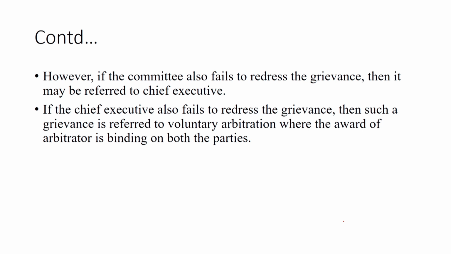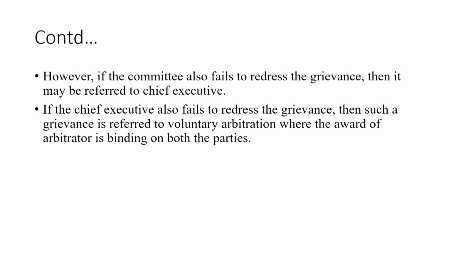As I told you, if a person moves to the immediate supervisor, then maybe the departmental head, and when the departmental head is not able to solve the problem, then he or she may go to the committee. If the committee also fails to redress the grievance, then it may be referred to the chief executive.